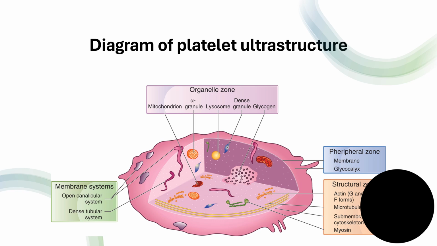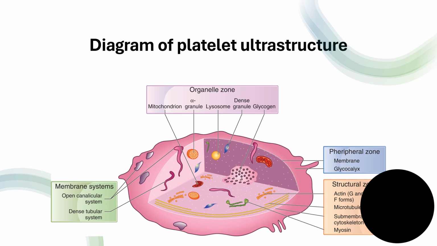The membrane is coated with a glycocalyx rich in glycoproteins that bind von Willebrand factor and fibrinogen. The structural zone contains a cytoskeleton network of actin filaments, microtubules, and contractile proteins like myosin. This structure maintains the discoid shape and facilitates the shape change during activation.